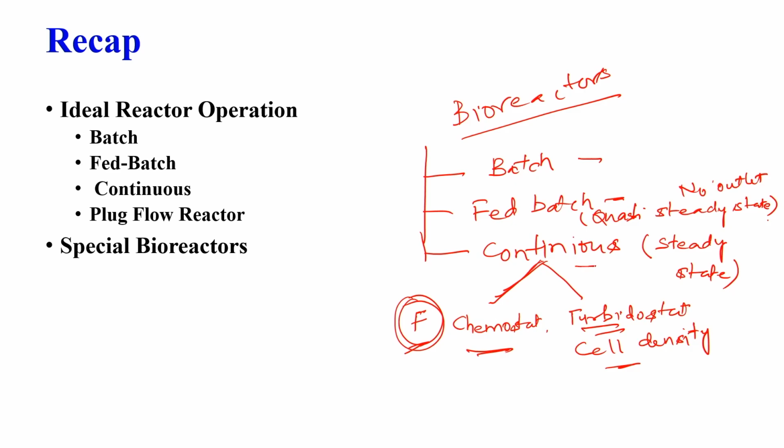In addition to the chemostat, we further discussed another mode of continuous operation, that is the PFR, plug flow bioreactor. Here the reaction progresses along the length of the bioreactor.